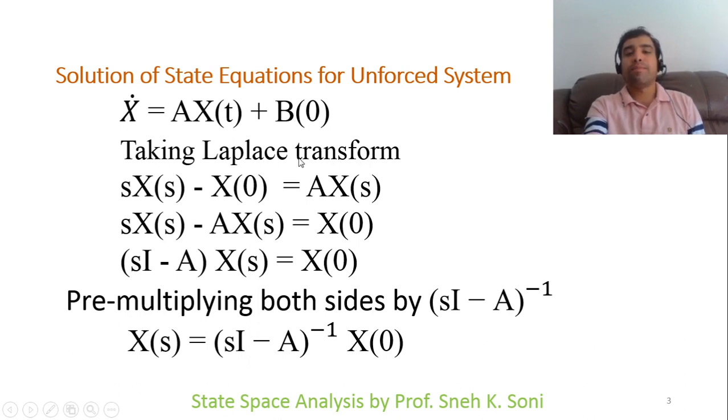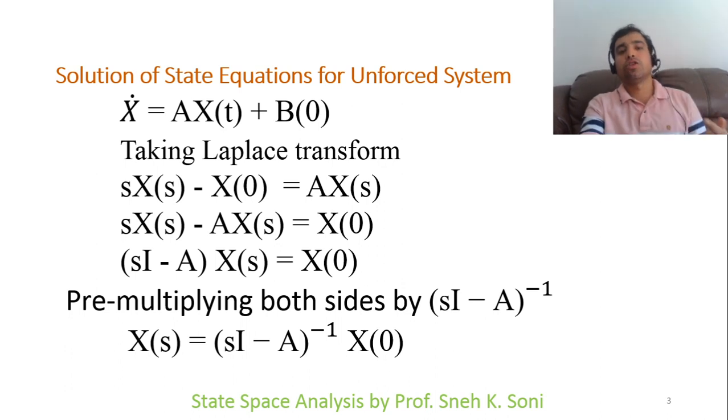Now I take the Laplace transform on both sides, because I need its solution. Solution means I need x(t) from this equation. That is my primary objective. So to find x(t), I will solve this equation. First of all, I take the Laplace transform. As we are familiar, it will be sX(s) minus x(0) equals AX(s).